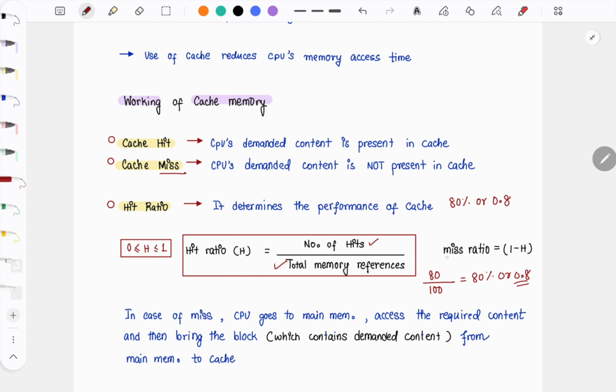And in a similar manner, miss ratio is the opposite of hit ratio. When we are asking for hit ratio, we consider the cache, and the miss ratio means that the cache is unable to fulfill the request or the reference made by the CPU. Hence, we will refer back to the main memory and fetch the required data.